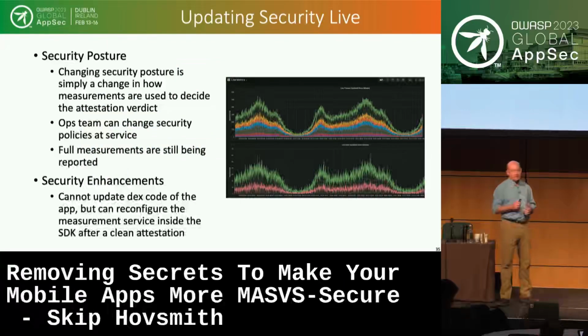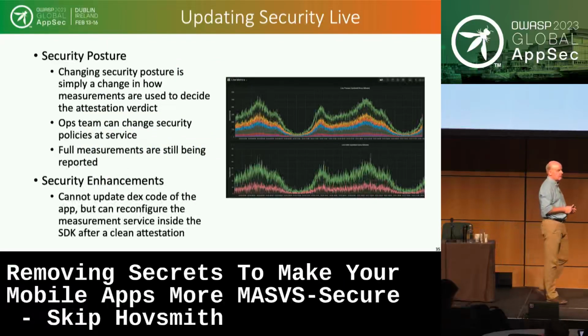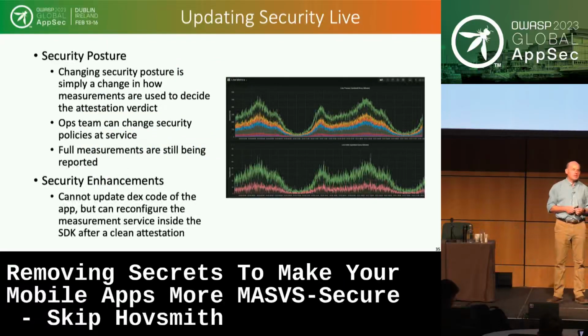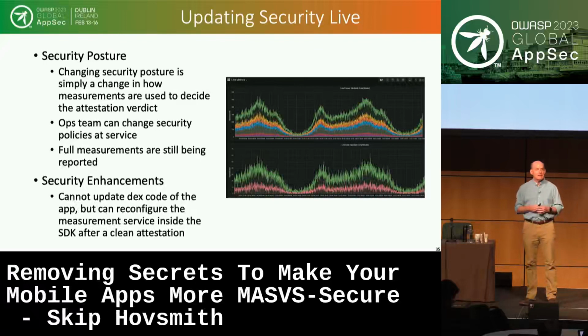Another advantage you get in this architecture is that you can change your security policy or your security posture on the fly. So we've split the decisions and the measurements. You'll continue on the device each time you're attesting to take that same set of measurements that are being requested.